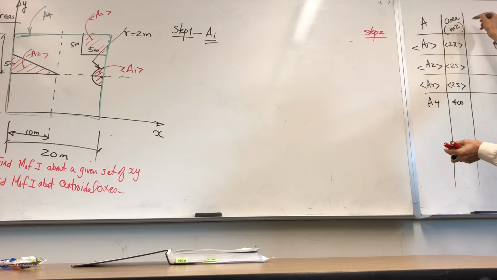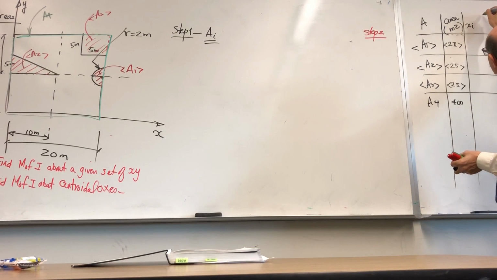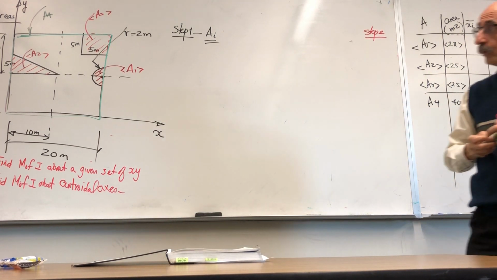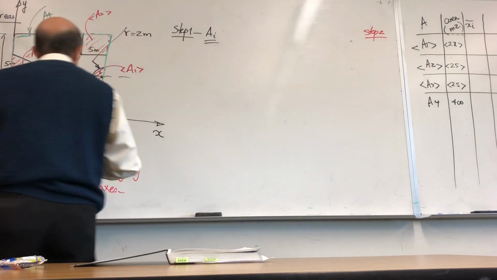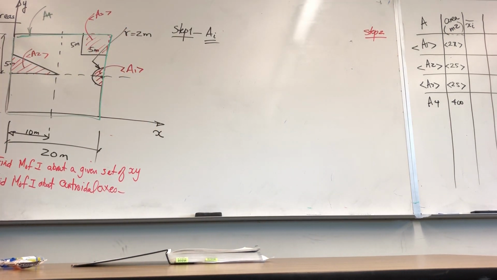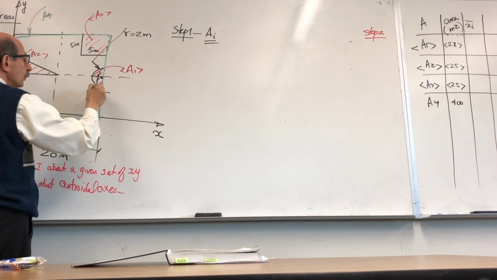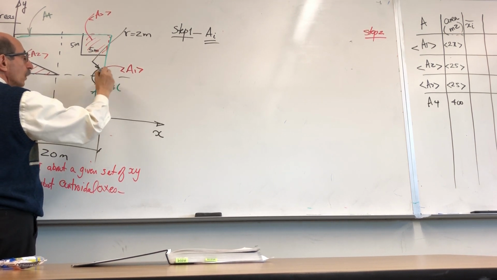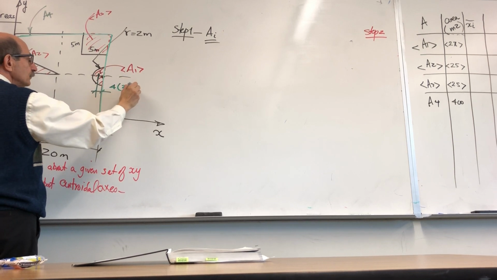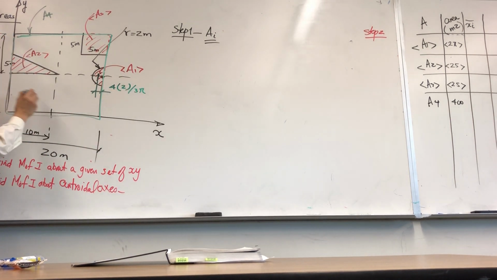Second column, you know by heart now, right? So you set up xi, which is the distance from the y-axis to the centroid of each of these shapes. For A1, this is 4 times r divided by 3 pi, so this is x1 bar. For this guy, it is 1/3 here, 1/3 here.